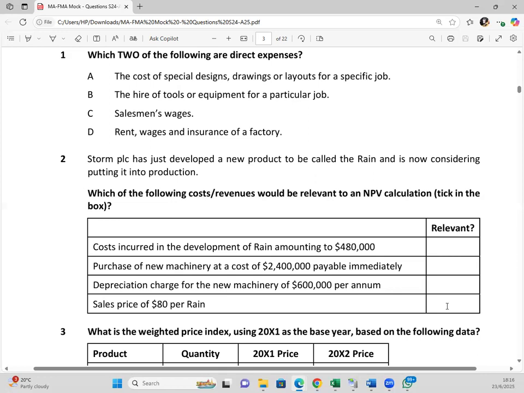Then depreciation charge. Depreciation, is it relevant or not relevant? Depreciation charge for the new machinery of 600,000 per annum. I want someone else who is not Bowen, please. Others, can you please come through as well? What do we say about the depreciation charge?